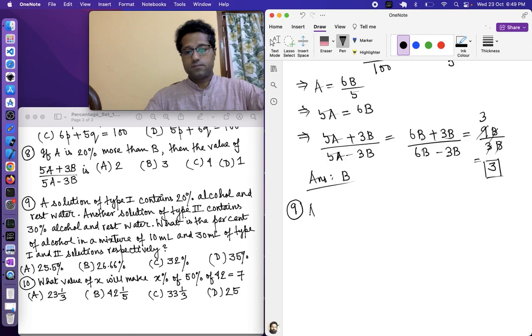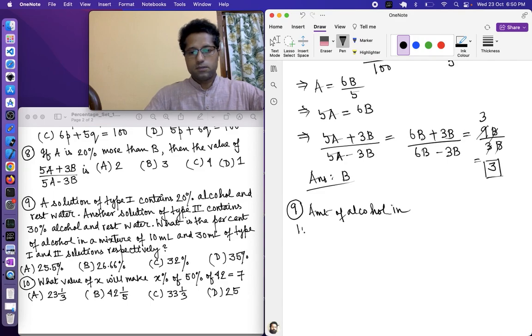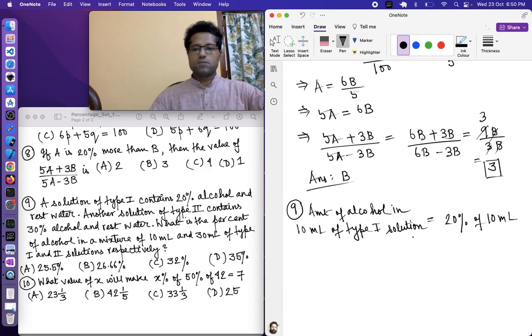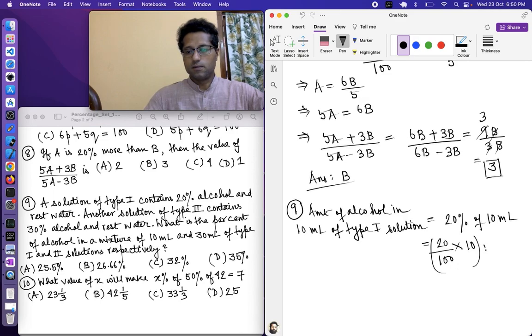The amount of alcohol in 10 ml of type 1 solution will be, since the percentage of alcohol in type 1 solution is 20%, 20% of 10 ml, which is equal to 20 by 100 multiplied by 10 ml, since of operator means multiplication.